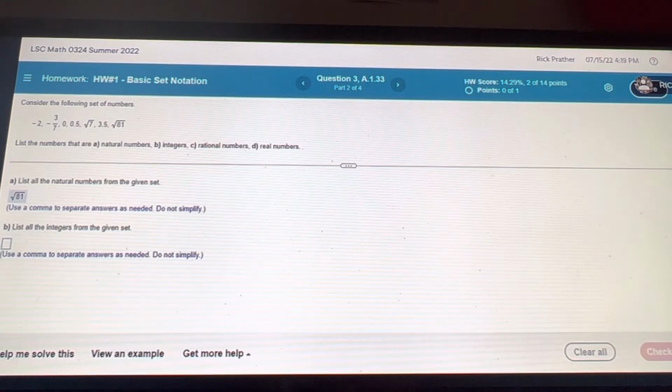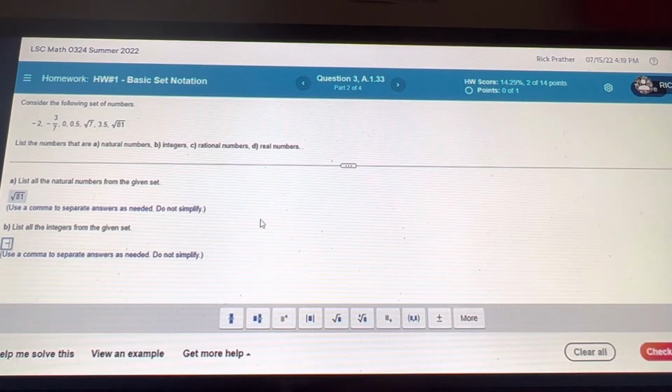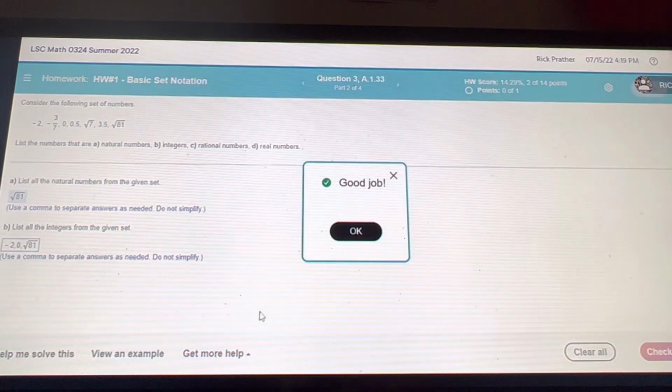Now list all integers. Integers are negative, positives, and zeros, but they have to be exact, like exactly -2, exactly 0, and exactly the square root of 81, which is 9. So once you have square root of 81 here as a natural number, it's going to be in all other answers, because it's part of all these other categories.